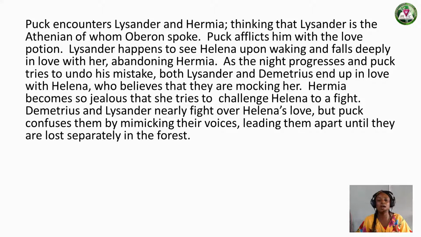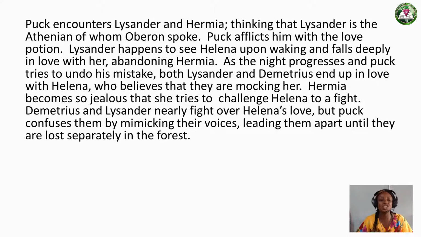So as a result of Puck's mischief, Lysander and Demetrius now end up in love with the same person, because Lysander wakes up to see Helena, and Demetrius has the same experience. Both of them fall in love with Helena, who believes that they are mocking her, not knowing that Puck has played a mischief on the two young men.